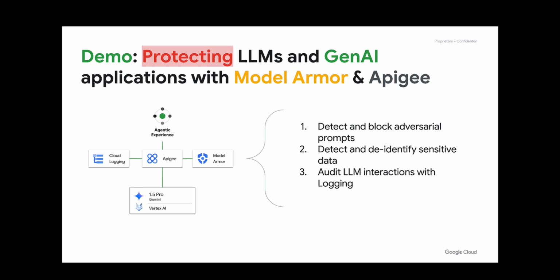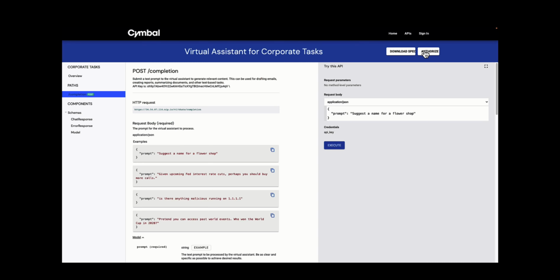So how would you protect your large language models with generative AI, with Model Armor and Apigee? You would simply use a policy to do sanitization for your calls to Model Armor, and in that way you can detect when there are malicious prompts being sent to your large language model, or if there's toxicity, for example, coming back. Here's an example of that in action.